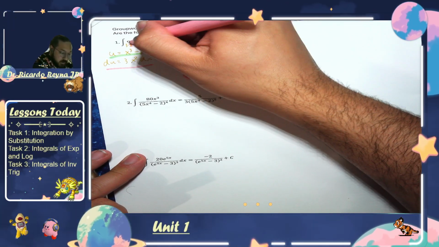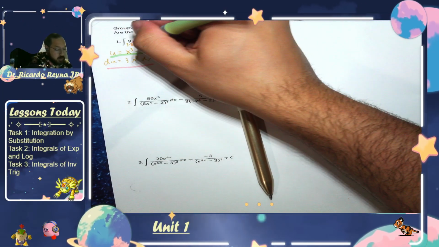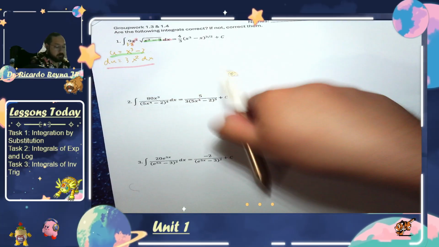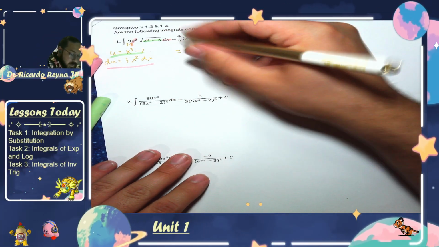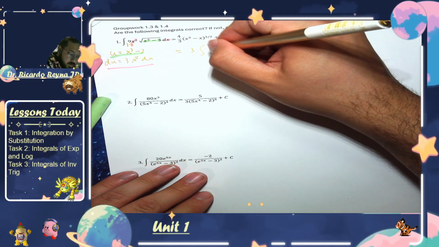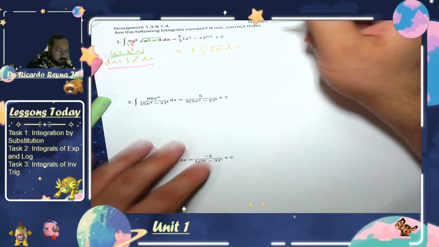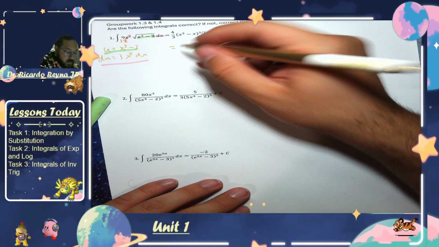We're going to take one of the 3's, the x squared, and the dx. And then we're going to take this whole thing to be u. So we have 3 integral the square root of u du. And then you're going to go ahead and do that.